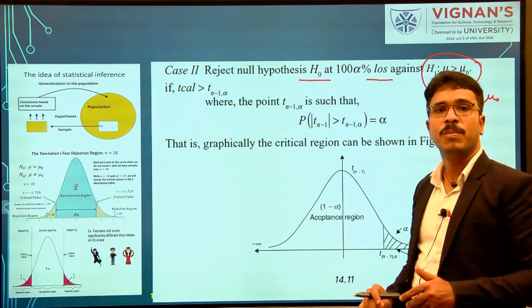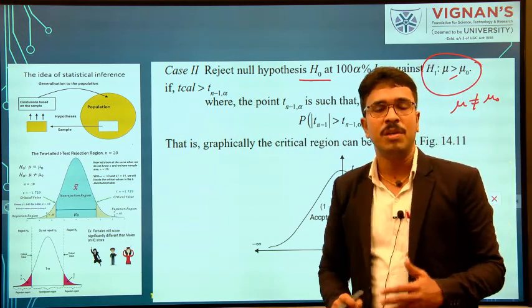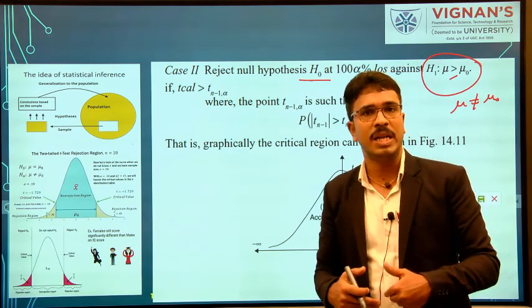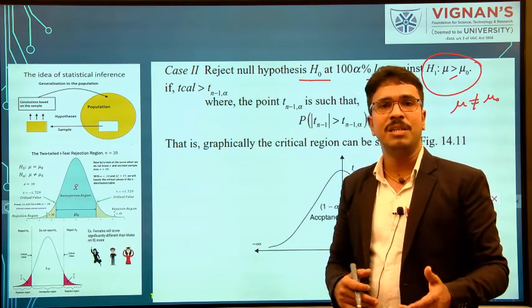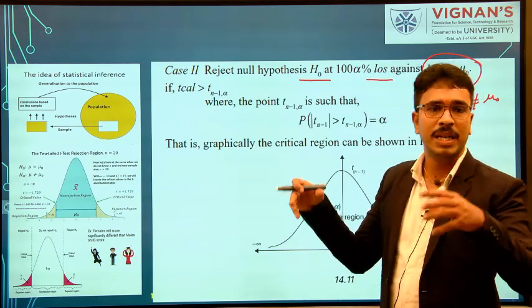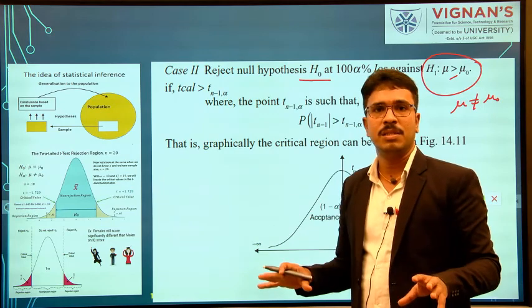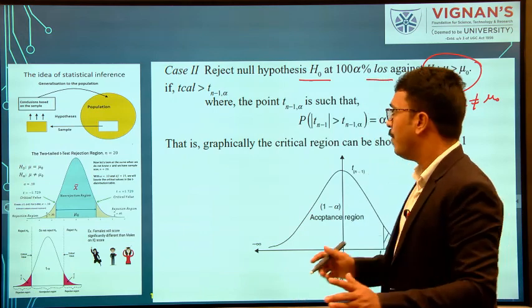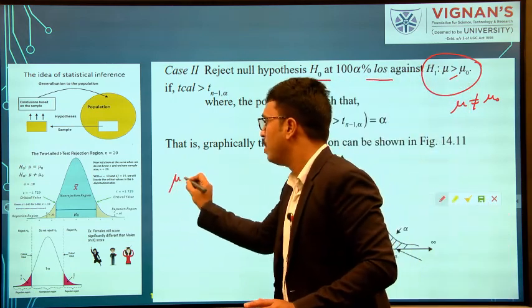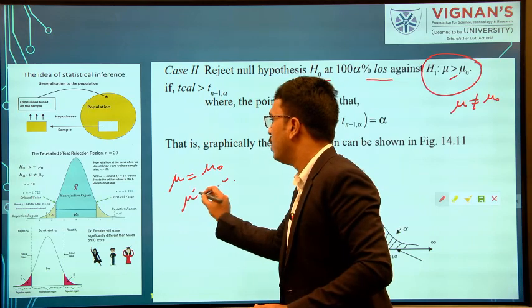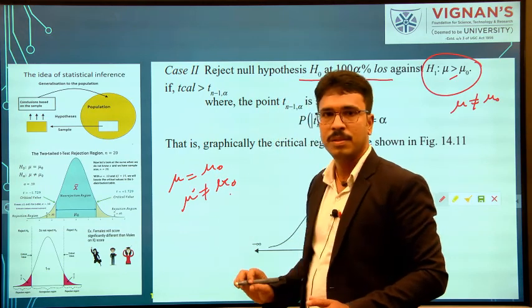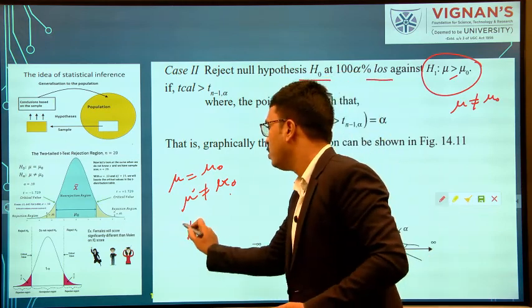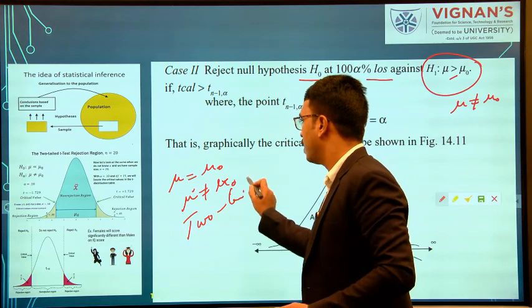Depending upon the information given in the problem, we have to select whether to use a two-tail test or a one-tail test. With a two-tail test, the rejection region or critical region will be on two sides. That's why it is named a two-tail test. So always in a two-tail test, only equality will be there: mu is equal to mu naught or mu is not equal to mu naught. Equal to or not equal to. If that is the case, you have to use the two-tail test.